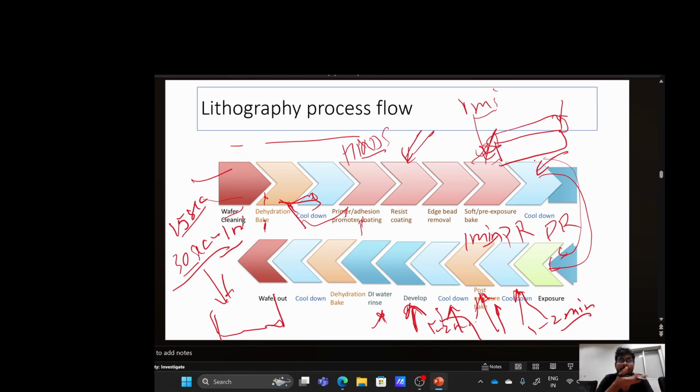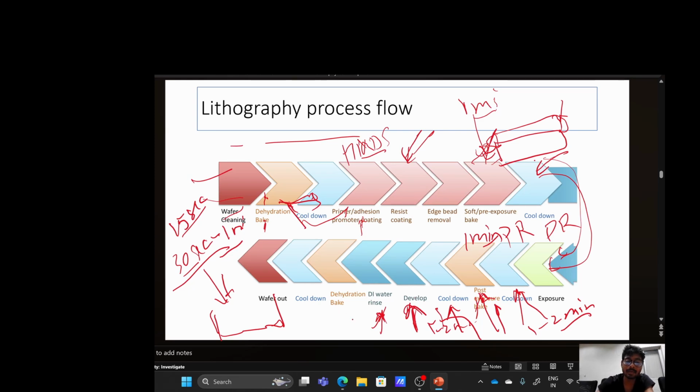Otherwise the developer on the substrate will keep removing the photoresist, and your feature size will go bad. So you need to take care, because these steps are critical for the feature sizes.